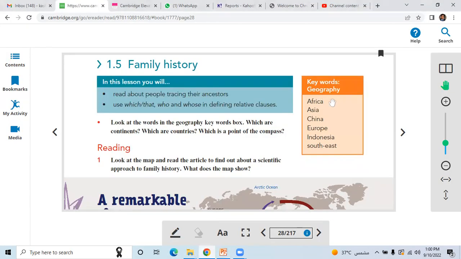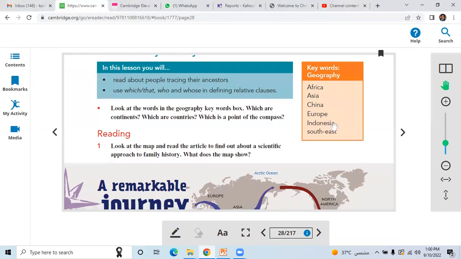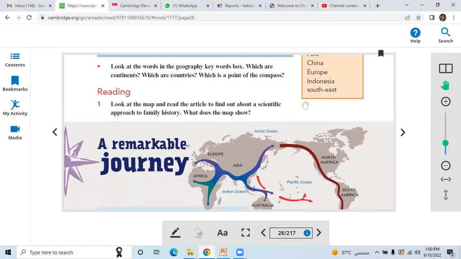All right, Africa is a continent, Asia is a continent, China is a country, Europe is a continent, Indonesia is a country, and southeast is the point of compass, right?